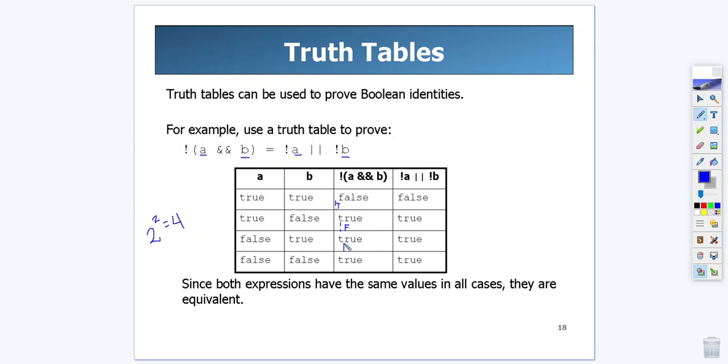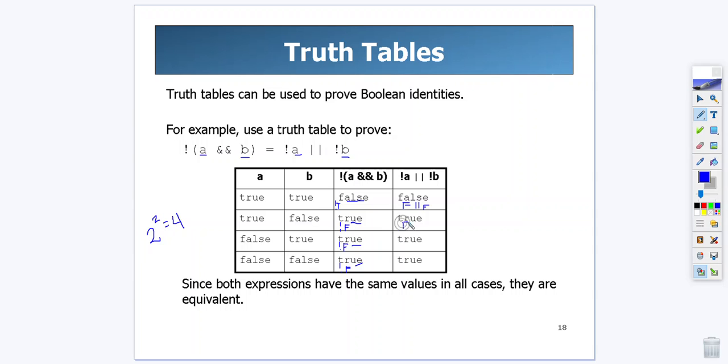So false and true would be false, and when I negate it, I get true. A and B would be false. When I negate it, I get true. So here are the values of this. And then here you'll notice when I negate A, and negate B and then OR it, it would evaluate to false.